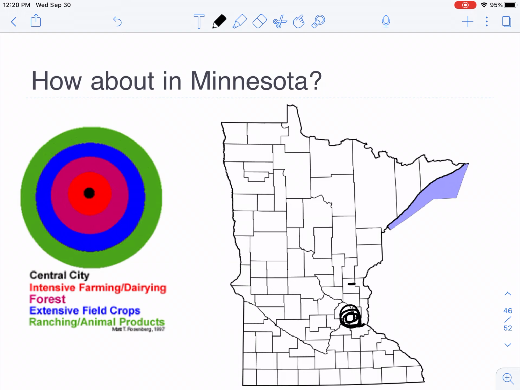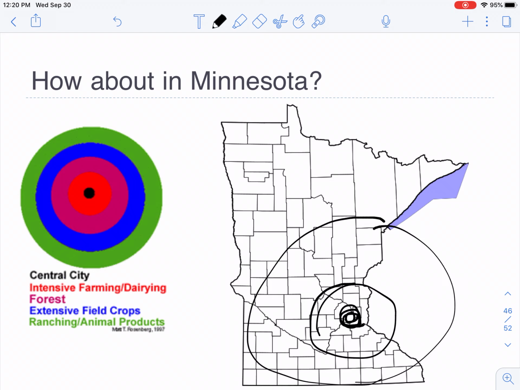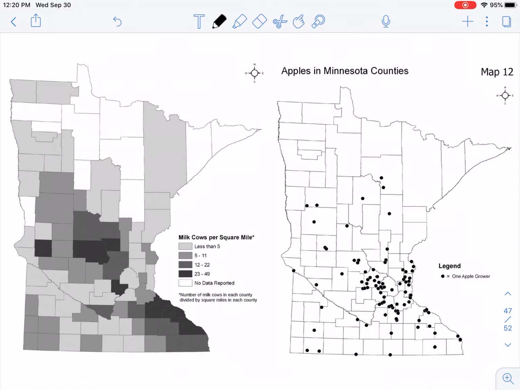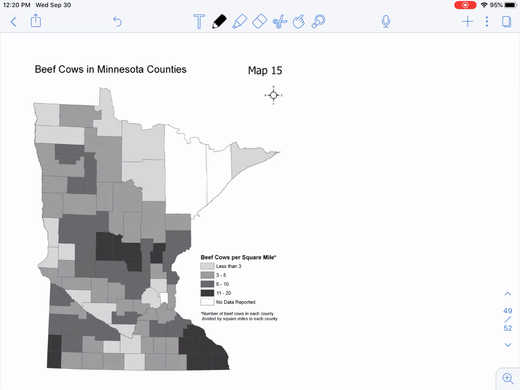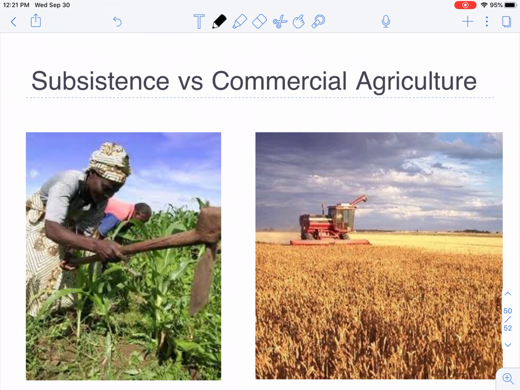Then we're going to be looking at what type of farming is occurring in this ring, then in the ring around it, and then here, and see if that pattern does hold true to von Thunen. So we'll be using maps that look like this. They'll have color, and we'll be creating our own composite map that's going to help show us if von Thunen's theory holds true or not.